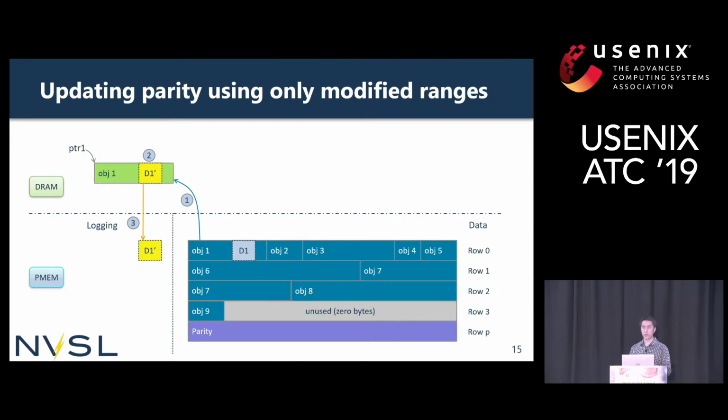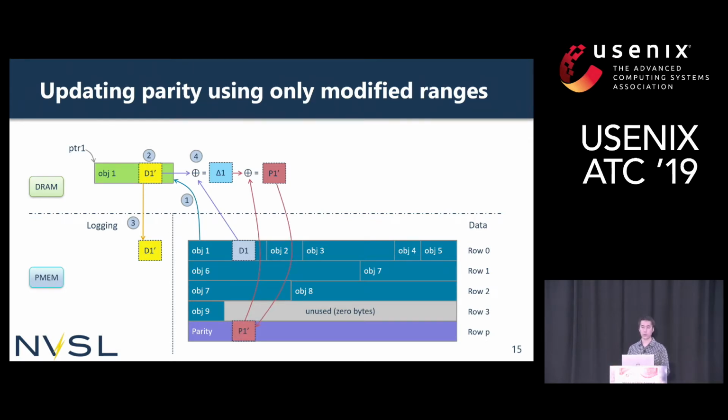Pangolin starts updating parity after transaction logging. For each modified range in a transaction, Pangolin first computes the XOR difference between a modified range in a microbuffer and the corresponding unmodified range in PMEM to get a parity patch. Then it applies this parity patch to the corresponding parity range in the parity row.